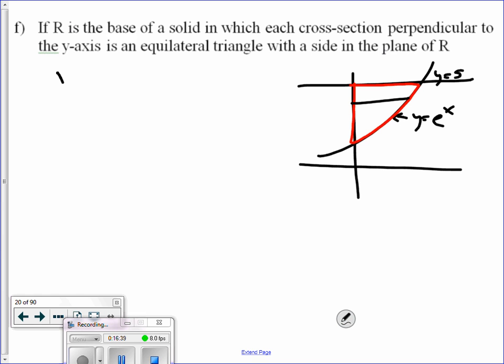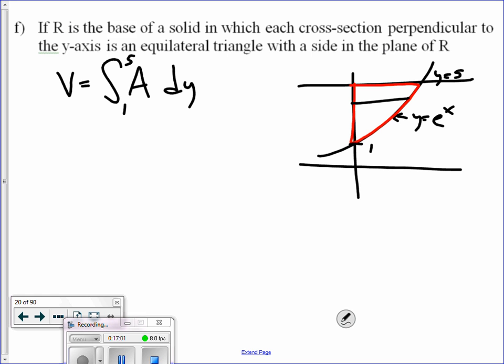So when I start out, volume equals the integral of area times thickness. It's a dy problem. What are the limits of integration? 1 to 5, because you have to go from smallest y, which is 1, to greatest y. And now you do have to know those area formulas.